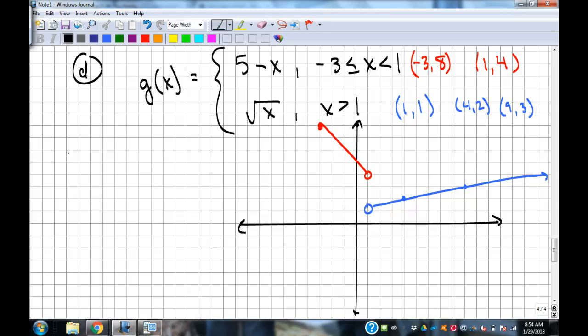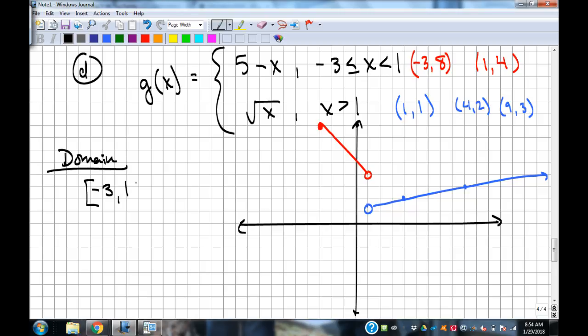Now, domain. What's our domain? -3. What gets a bracket? The -3 gets a bracket.